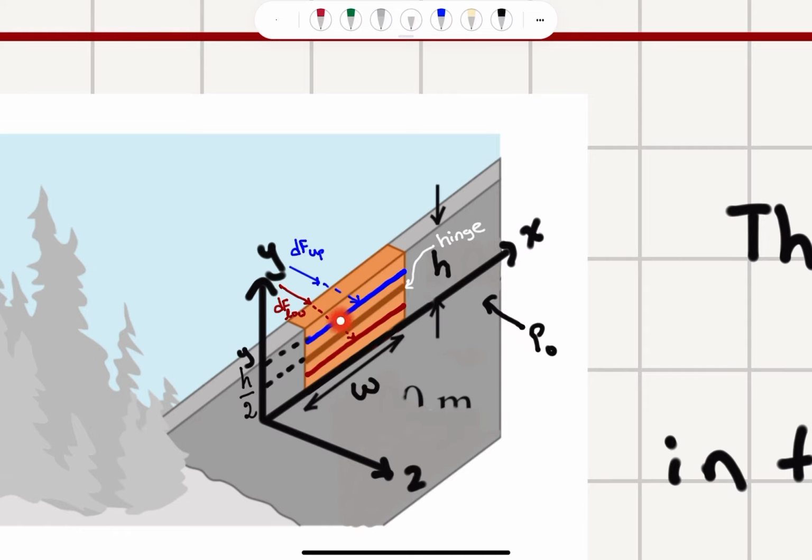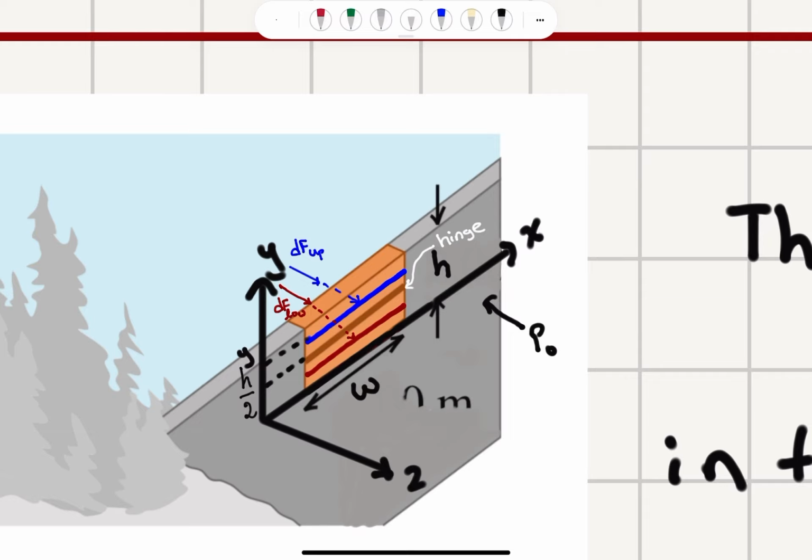If we are at a distance y from the origin on the y-axis, we are at a distance h minus y from the upper surface. So symmetrically with respect to this hinge, we have water on top and water at the bottom. So there will be a force due to the water on top of the hinge, and that force will be in the plus k hat direction.